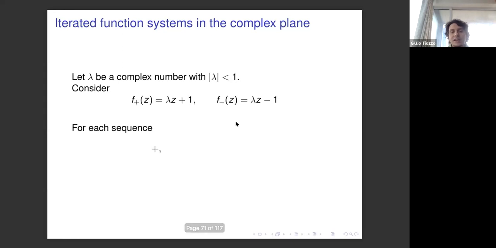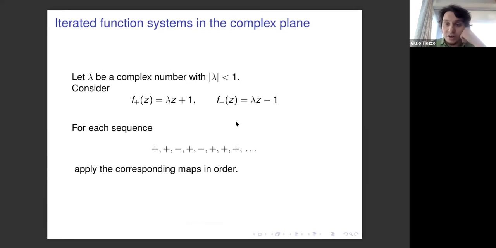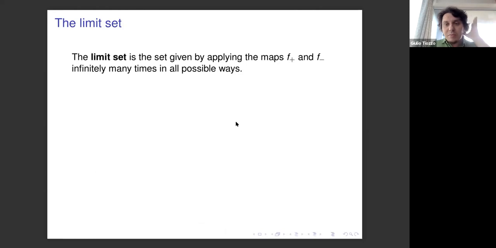And so again, how does this work? Well, we take a random sequence of plus and minuses, for instance, plus, minus, and so forth. And you apply these maps in corresponding order, as we discussed. And remember, exactly as Kathryn said, there's this limit set, which can be thought of as you take a starting point and you apply these maps in all possible ways, in infinitely many ways.